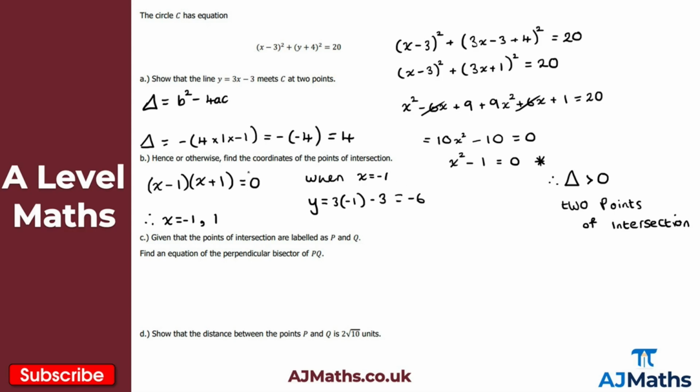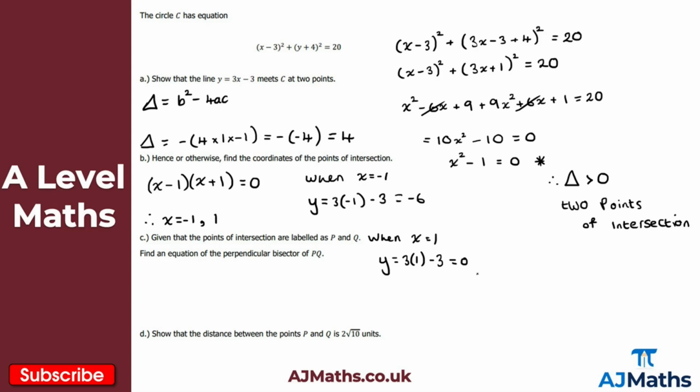We now need to do the same when x is 1. So when x equals 1, we just repeat this again, then y will be equal to 3 lots of 1, and then minus the 3. Well, 3 lots of 1 is 3, minus 3 would just give me 0.